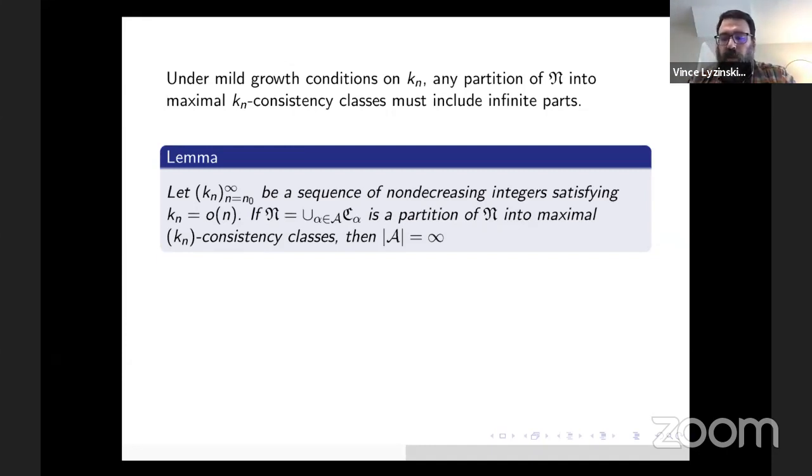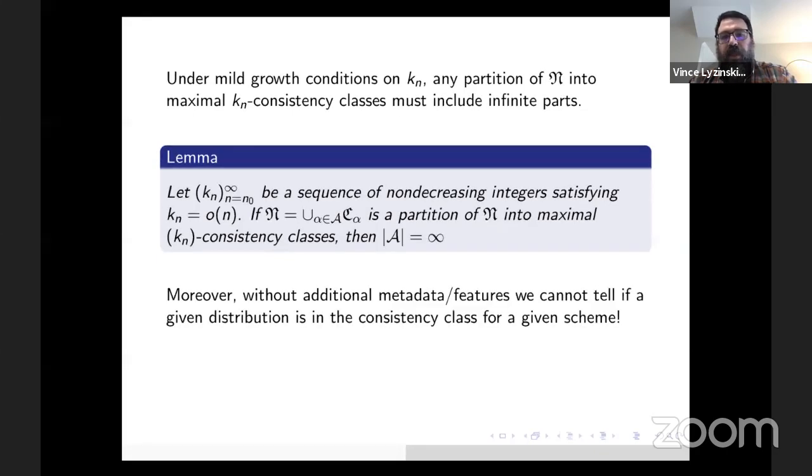And it gets worse than that, in that without additional metadata or features, you can't even tell if a given distribution is in the consistency class for a given scheme. So if you think about vertex nomination in the wild, we can develop an algorithm, pass it off to partners of ours, and they can implement it on their computers and run it on their networks. And in an evolving network setting, they could run it on this evolving network.